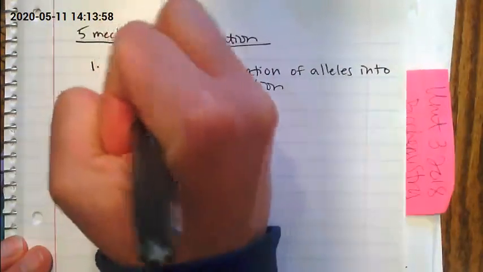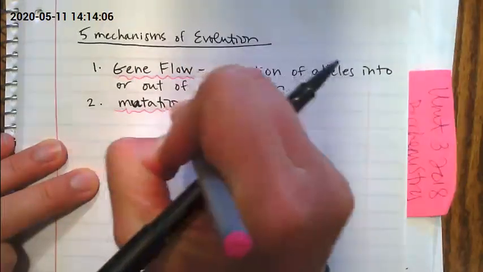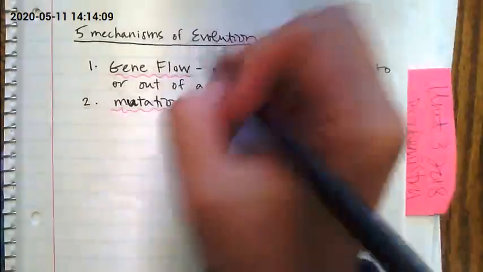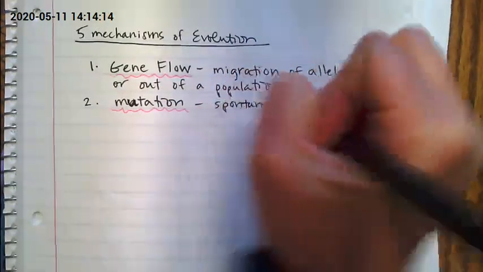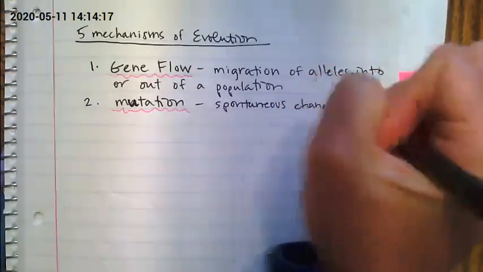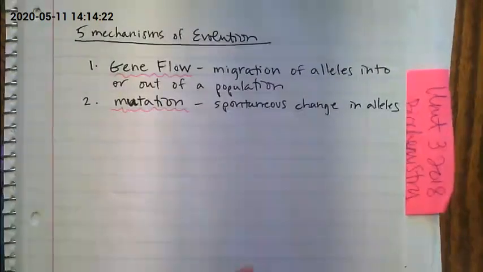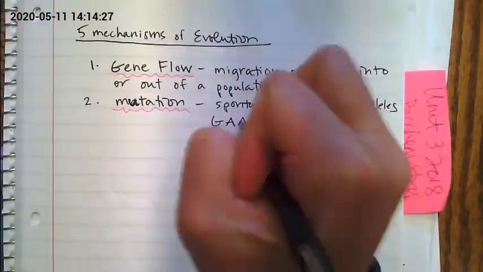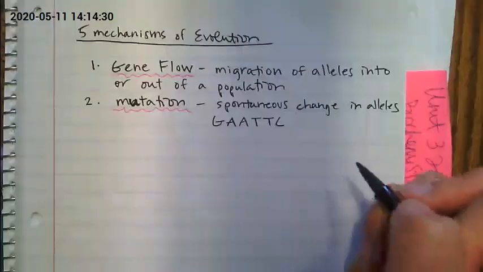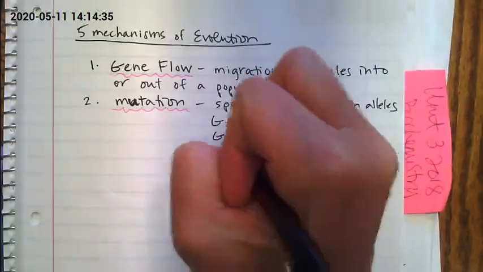All right, another mechanism of evolution is mutations. M-U-T-A-T-I-O-N. Okay, so you learned about these. This is a spontaneous change in alleles, right? You might have been GAATTC, but for whatever reason, when you did mitosis, there was an error, and now you're GTATTC.